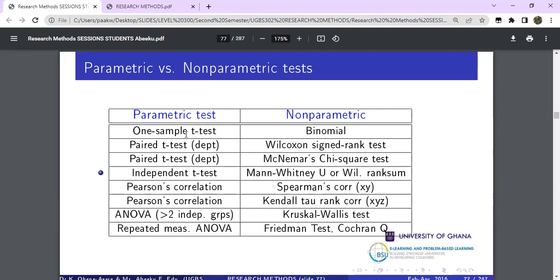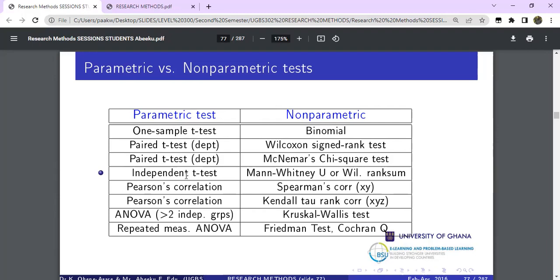The one sample t test, the one we did the other time, its non-parametric analog is the binomial test, because we said the one sample test must be normally distributed. The paired t test, what you've been doing now, has as non-parametric the Wilcoxon signed rank test or McNemar's chi-square test.